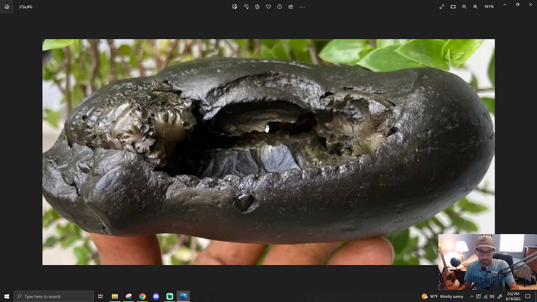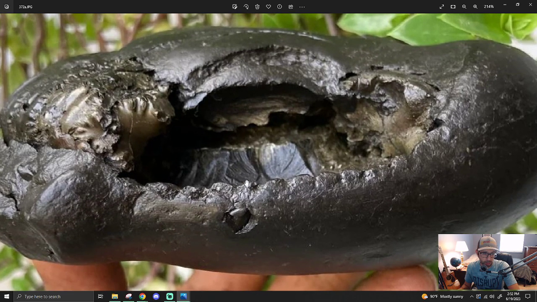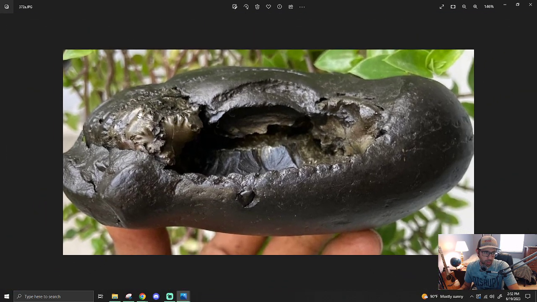This one's cool. Lots of cool features. Again, some like weird things going on in the front of this one. Not standard looking. The dendrites over here are just popping off, looking like coral reefs or something.